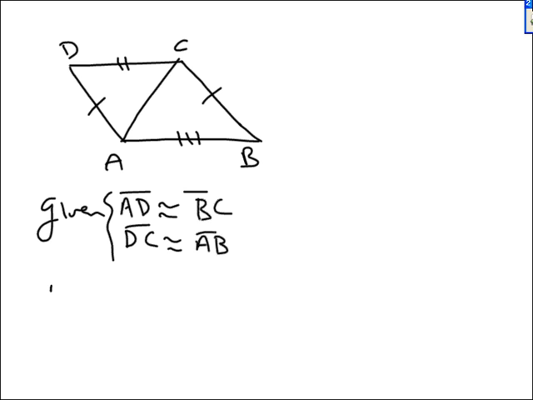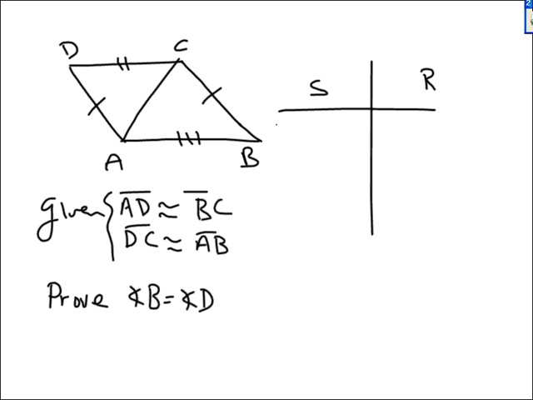Then these are congruent triangles. And I'll state why in a moment. And then we can show or prove that angle B and angle D are equal. Statement, reasons. First one, write down the givens. These two. Put it right there.